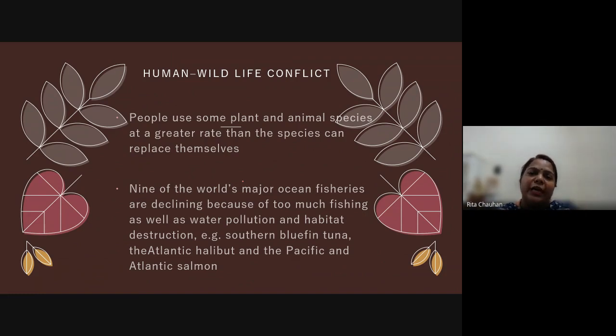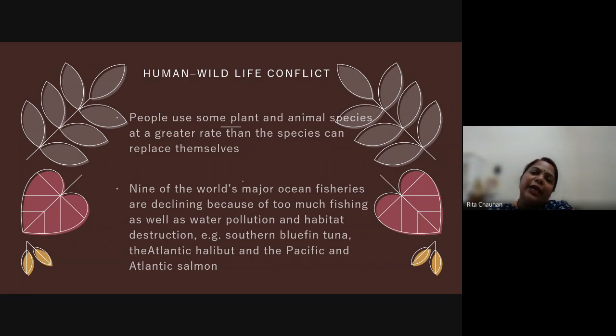Because of that excessive number of one type of species, for example, we have seen the example of Atlantic halibut, Atlantic salmon and southern tuna. What is happening? Because these are ocean fisheries, when we are doing excessive fishing, it is affecting the habitat for other plants and other animals. So there is a conflict.